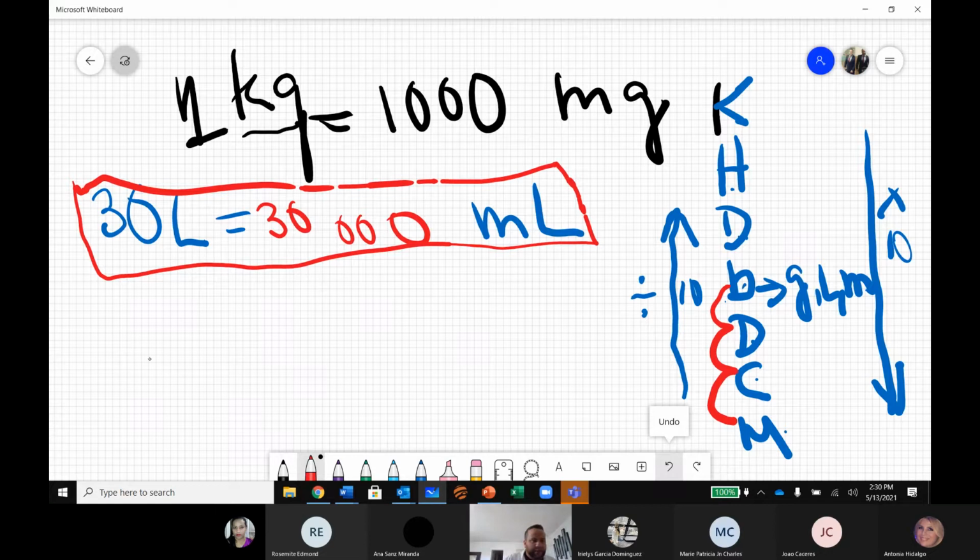Another thing that we need to know: 1 milligram, how many micrograms?